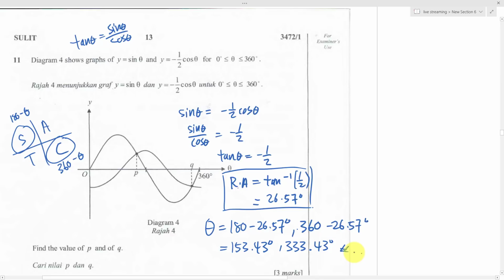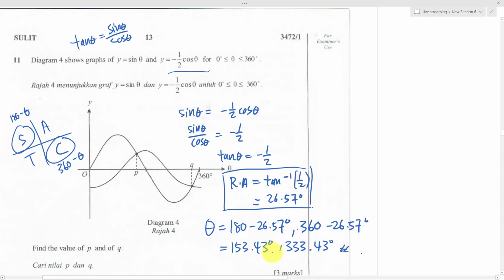Why is it negative half? Basically the negative half is from the equation, and sine over cos is equal to tangent. So finding tangent means finding the intersections between sine and cos. Yes, you are right. If I want to find the intersection between the sine curve and the cos curve, I substitute the equations of sine and cos together.